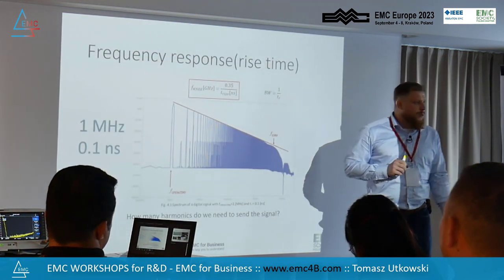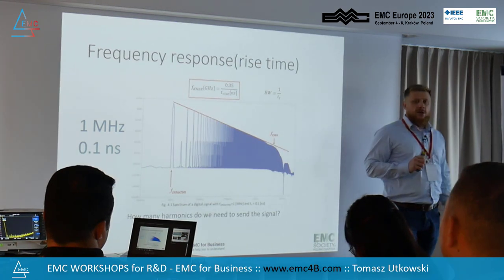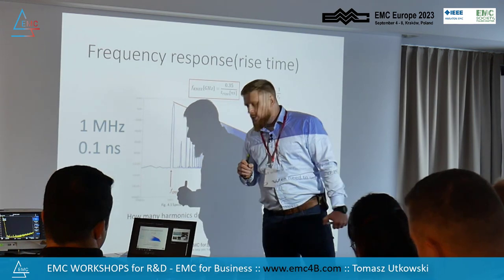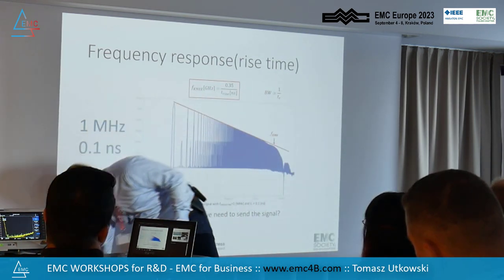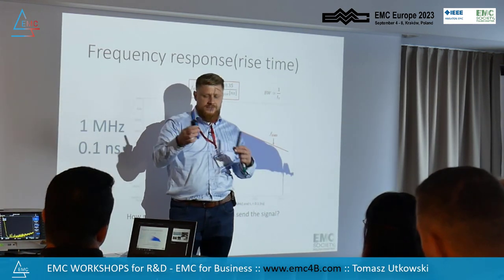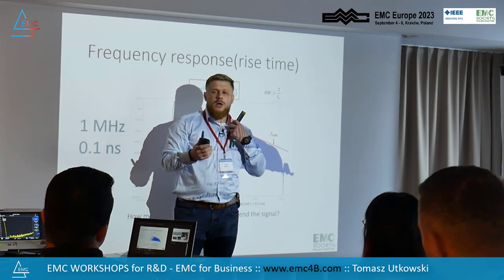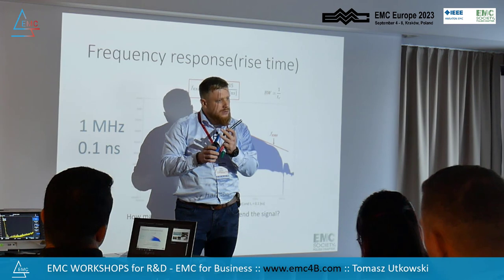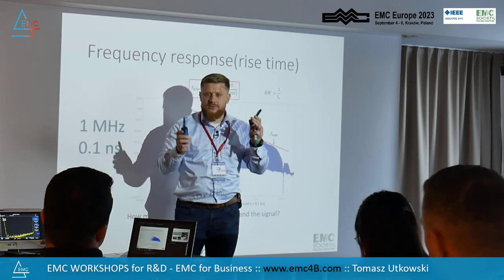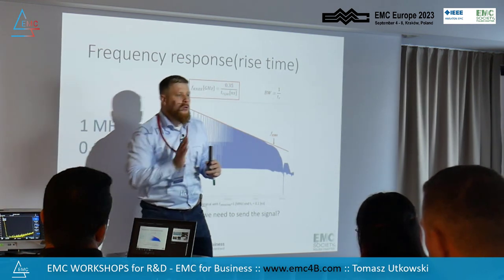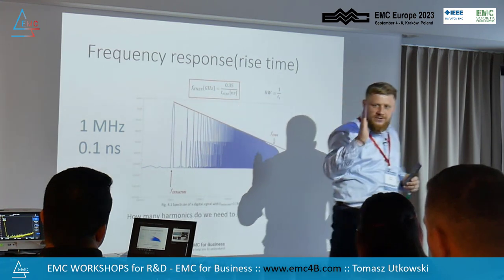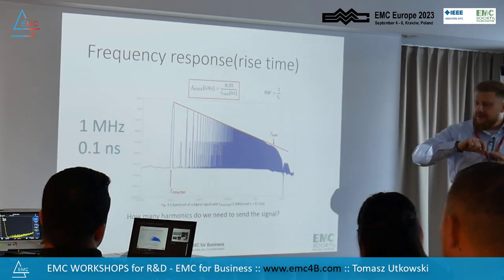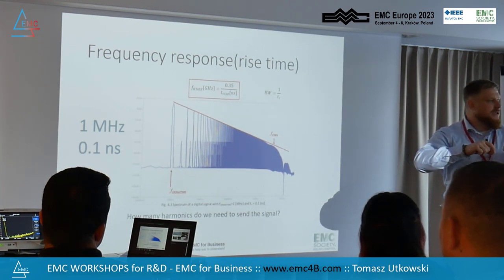Then, when we design some radio equipment, for example radio telephones, we know exactly what kind of frequency we work at. For example, something like 400 megahertz. We know exactly which frequency we need to consider when I'm preparing my path from transmitter to antenna.